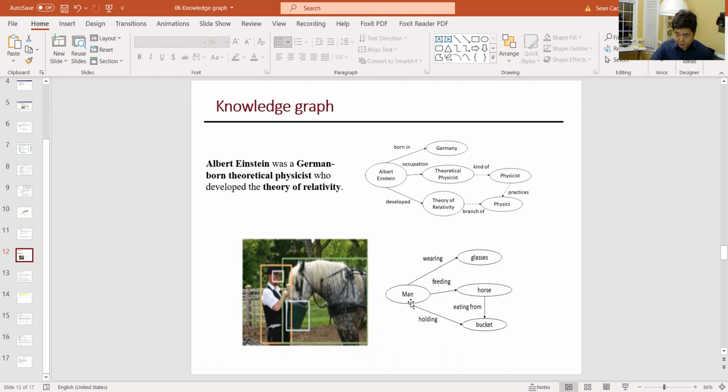Same as the example I quoted here: if you understand the horse, you can understand the man. If you understand relativity, you can understand Einstein. It's like the movie example I gave you: if you understand my friend's watching habits, you can understand my future movie preferences. So that's the idea of the knowledge graph.